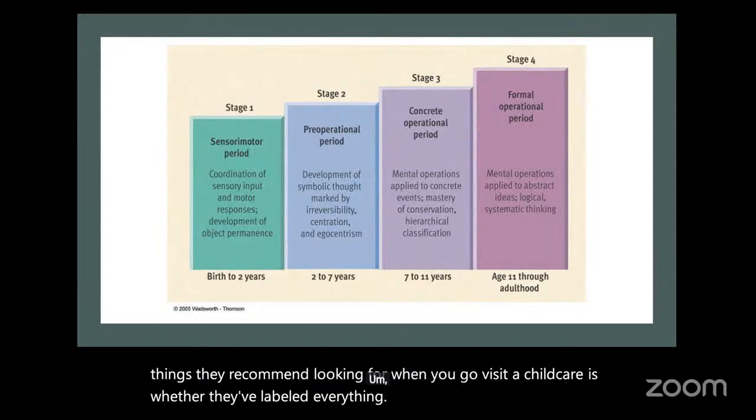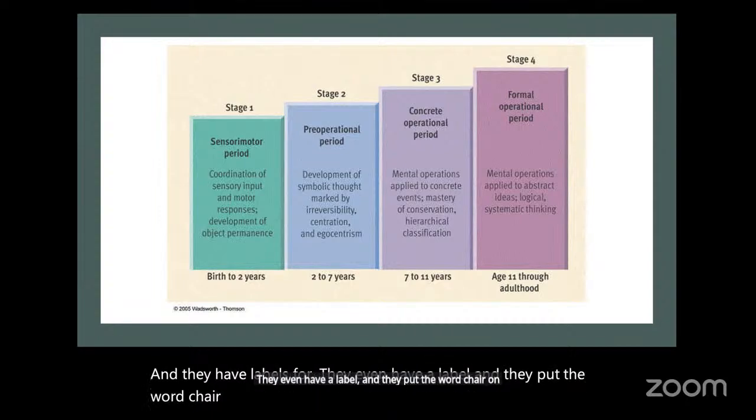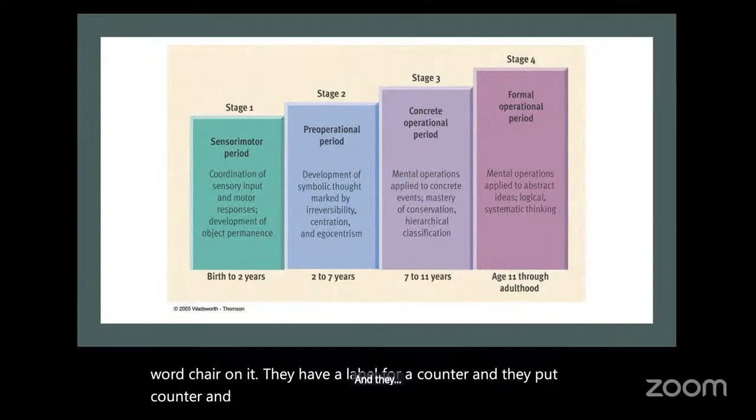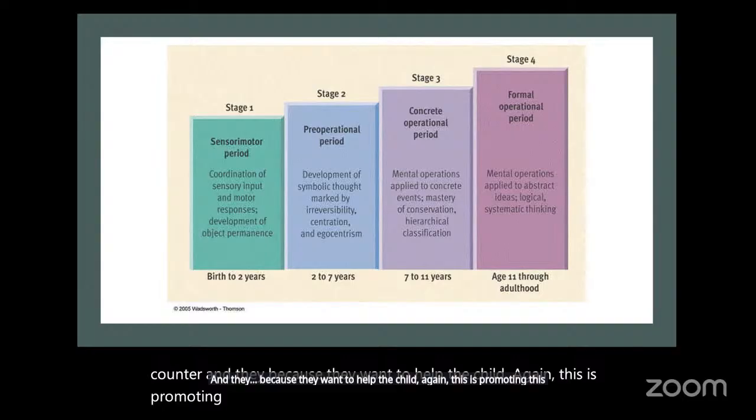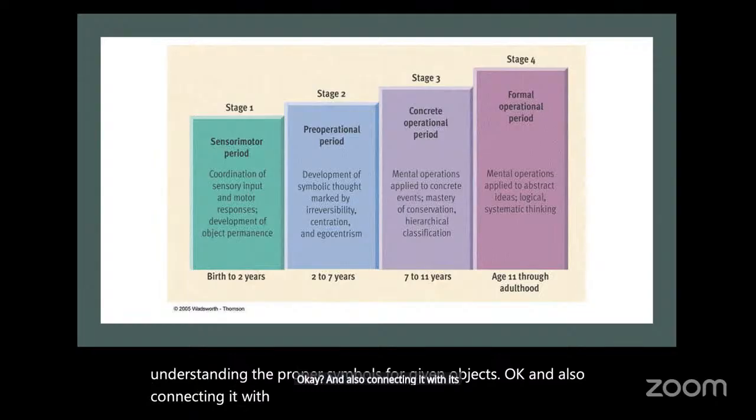They put the word chair on the chair, the word counter on the counter, because they want to help the child, promoting this developmental phase, in understanding the proper symbols for given objects. And also connecting it with its written version, verbal version, all that kind of stuff.